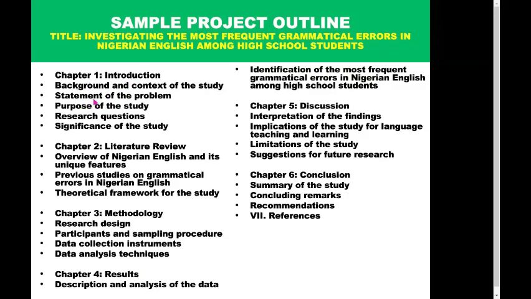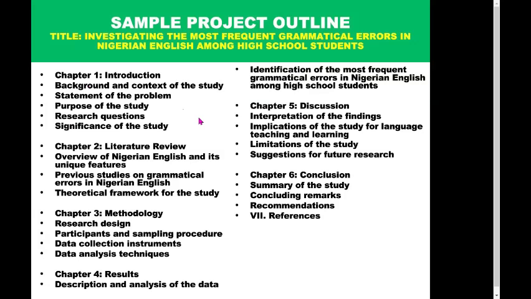Of course, there are different specific items that are contained in each chapter, and we are going to look at them one by one. As I earlier said, our focus will be on chapter 1.